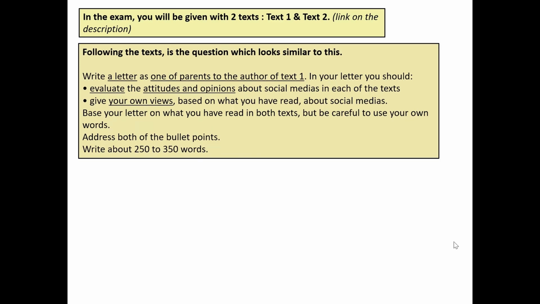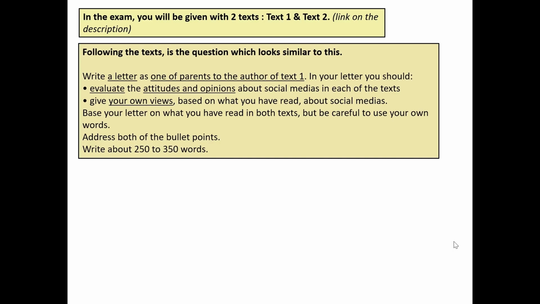Now I would like to encourage you to pause the video, take your time to read both of the texts, to be able to keep up with the whole discussion right after this. Okay, pause the video now. I believe you have finished reading both of the texts. Now let's proceed to the look of the question itself.